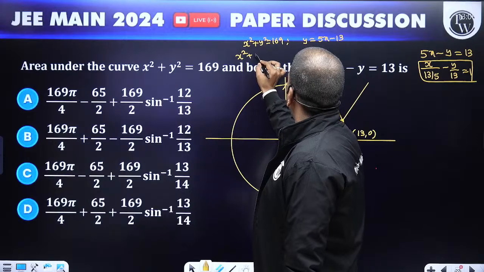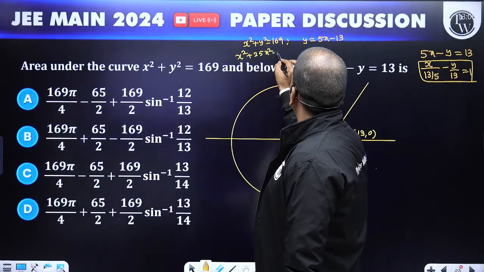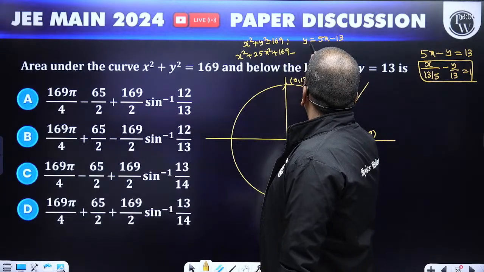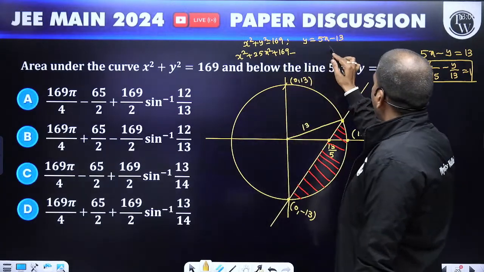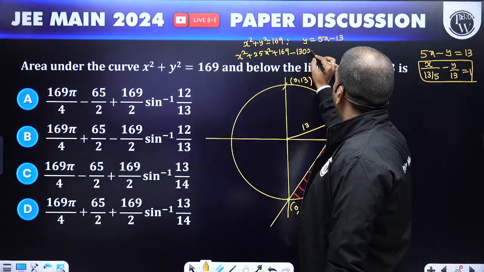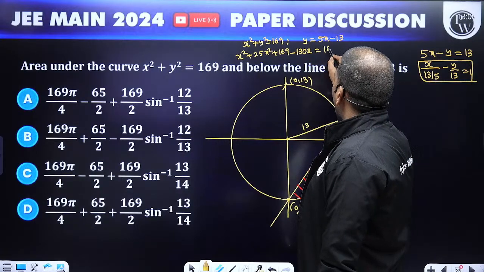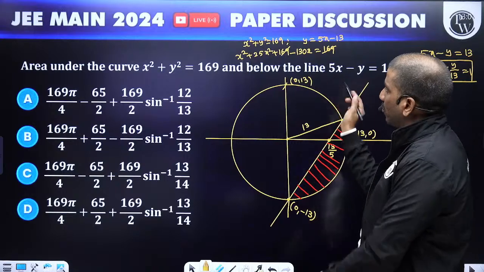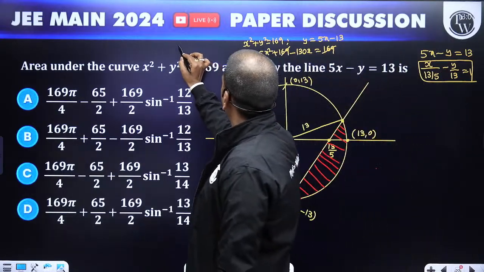X square plus 25x square plus 169 minus 130x is equal to 169. Luckily 169 got cancelled. Of course, x is equal to 0 is one of the cases. That's the reason I have written directly.